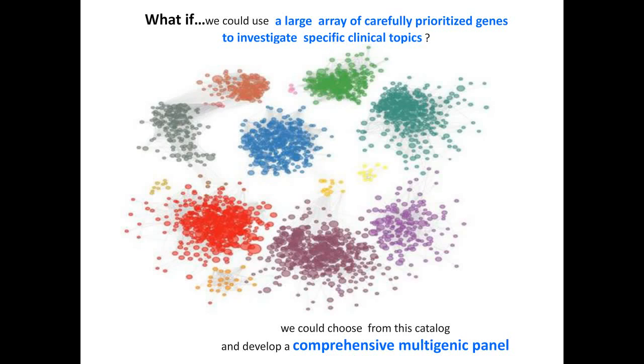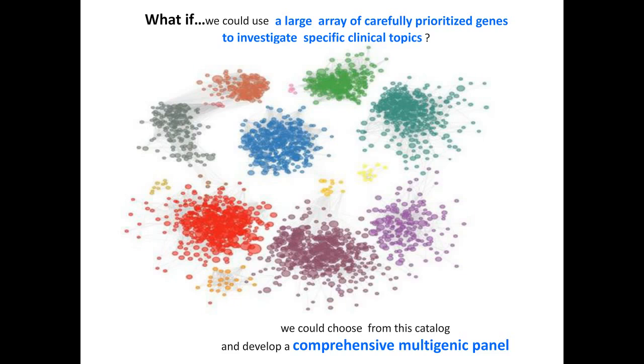Now, this is a lot of work. What I just represented is a lot of work. And so the question was, what if we had a large array of carefully prioritized genes to investigate specific clinical topics? What if we could access something that was already studied in order to choose our genes?